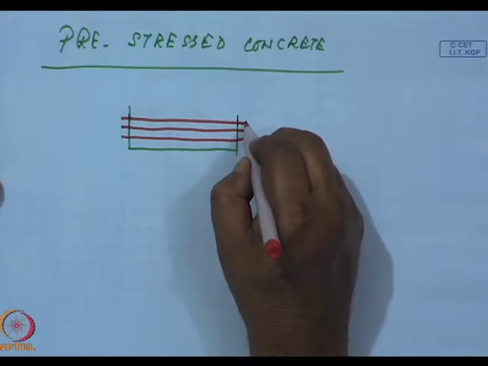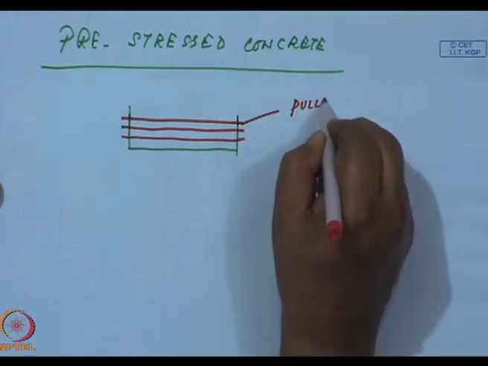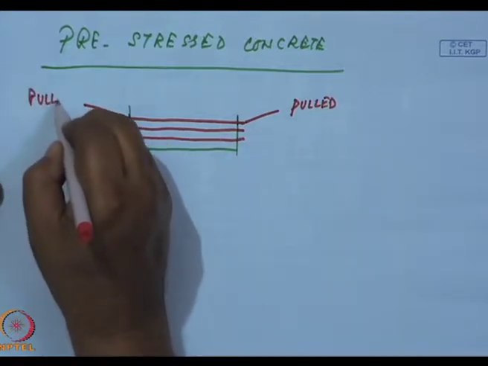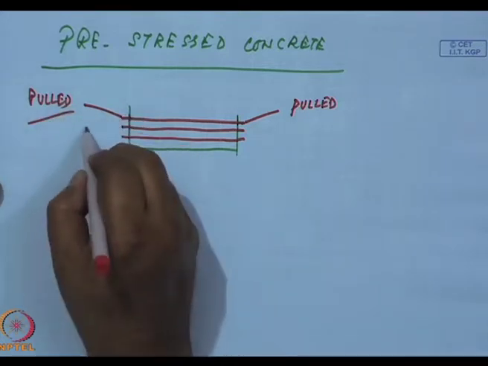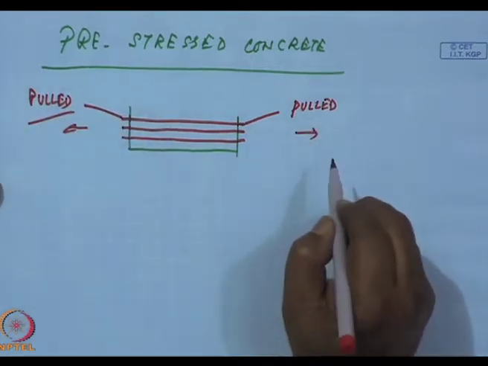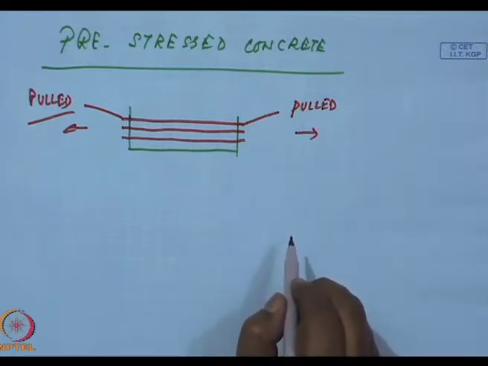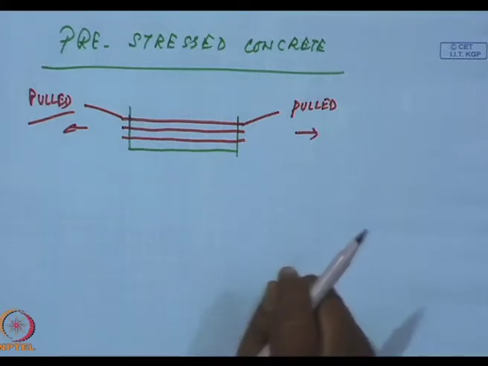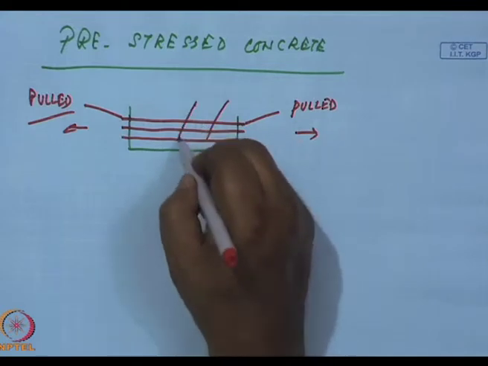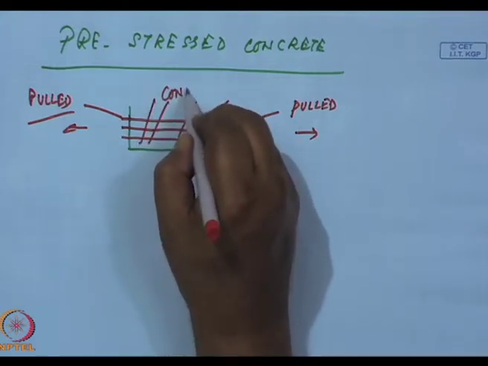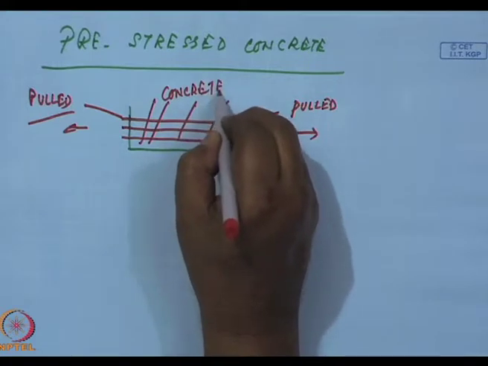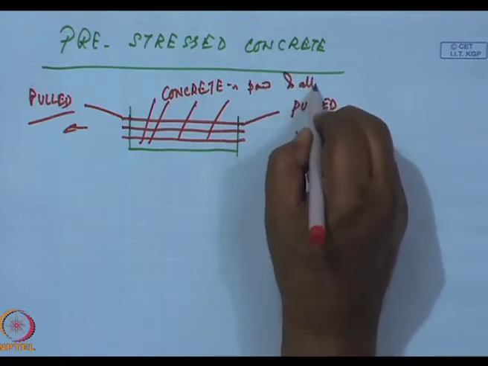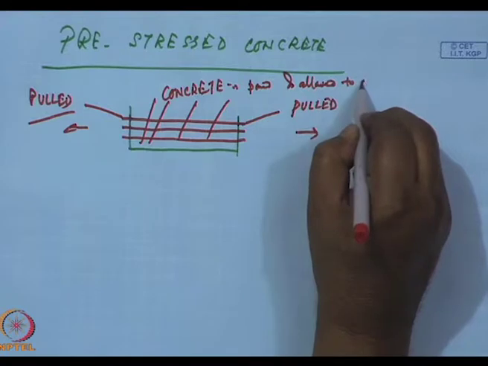First, the iron rods are pulled, this one in this direction, that one in the other direction. What happens? The rods come under tensile load, stretching. Then the concrete is poured in and allowed to cure.